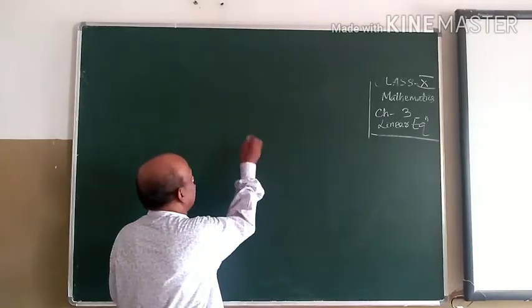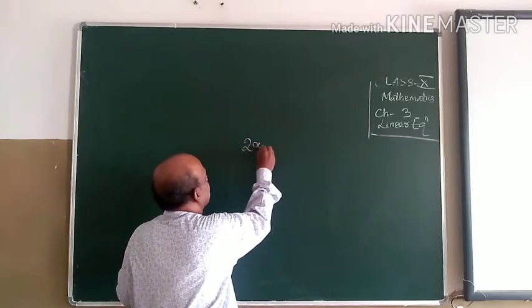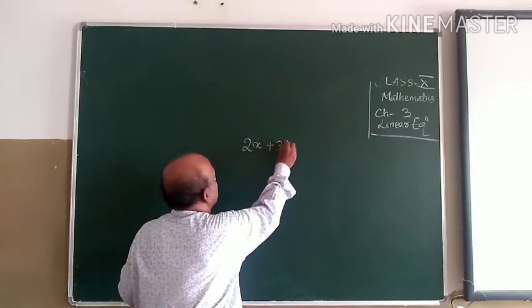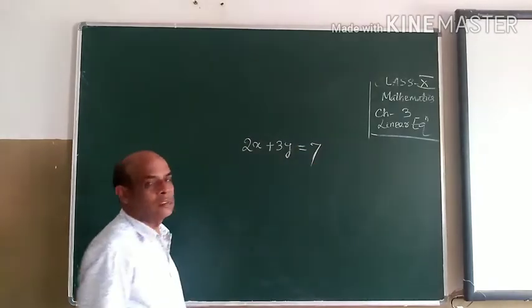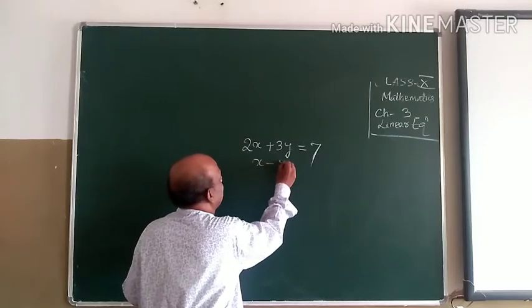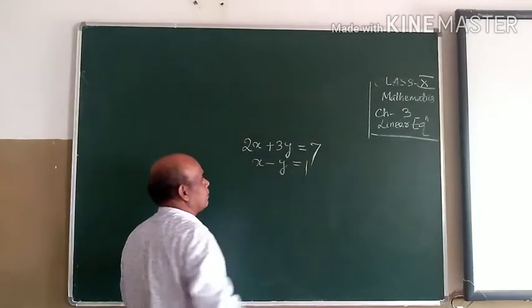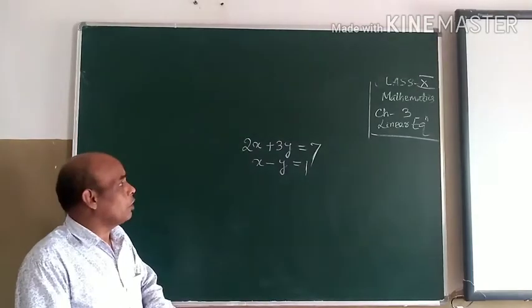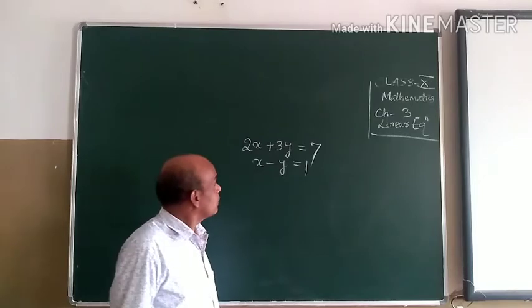Suppose I write 2x plus 3y is equal to 7 and x minus y is equal to 1. Now you observe these are two equations.